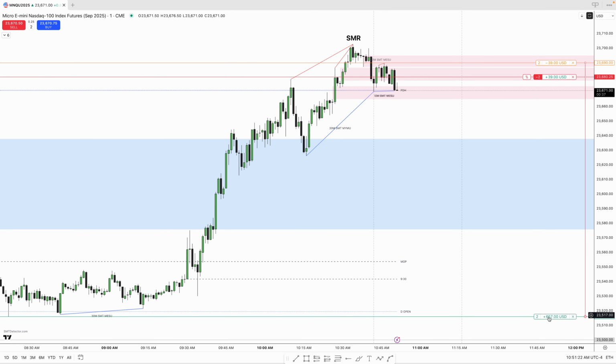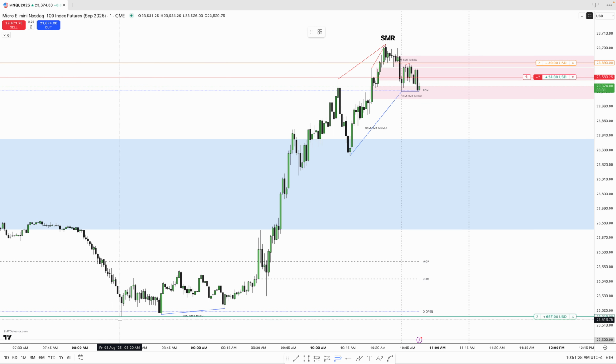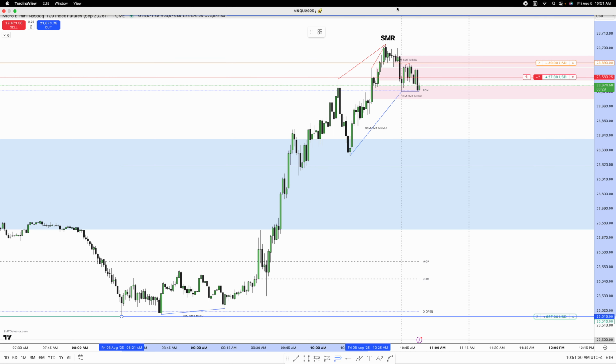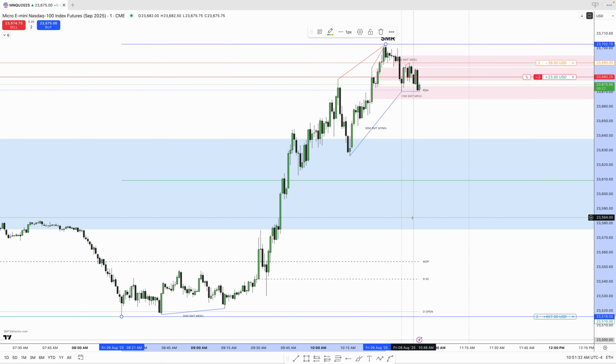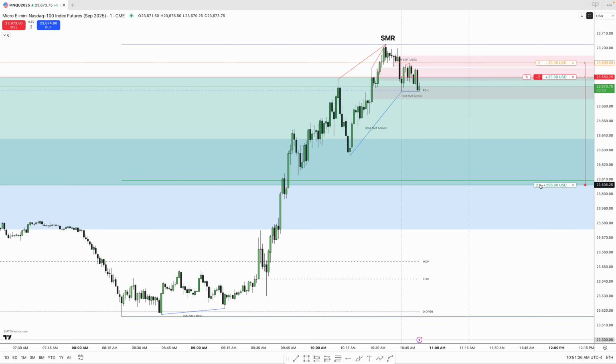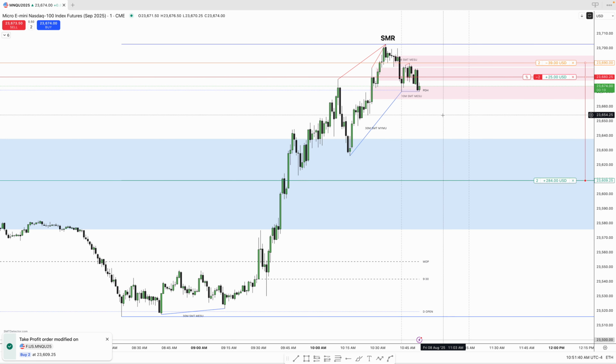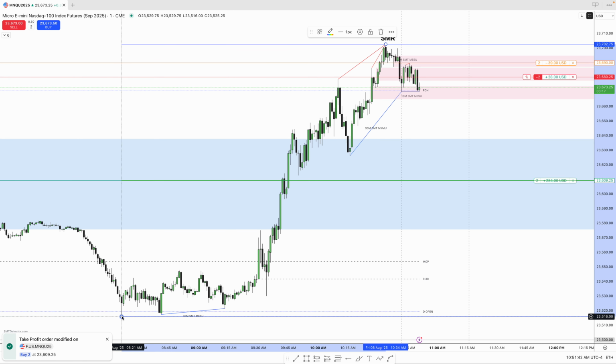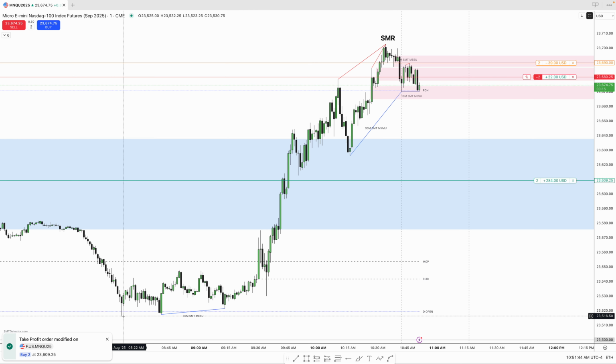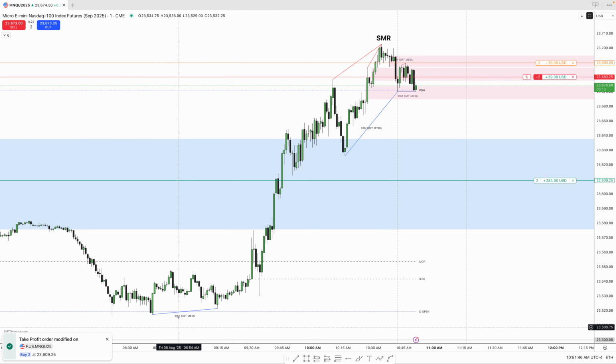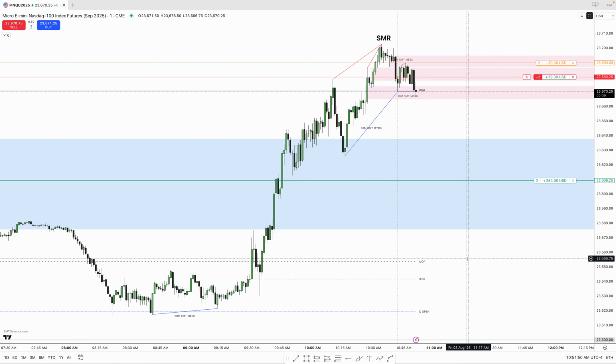Obviously, that's a bit lofty, but let's get the rangefinder out and just consider that for the moment. To go down to 23,500, this level would be more of a lunchtime trade.